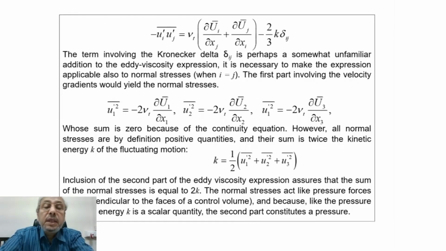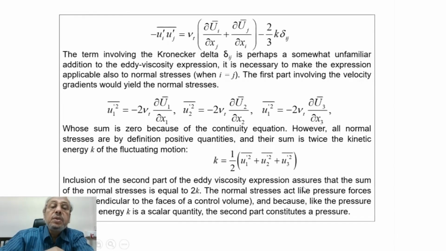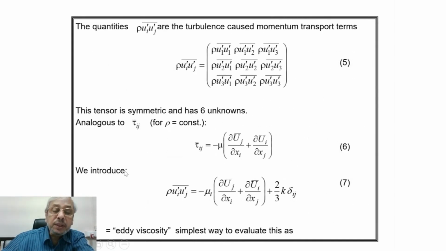Now I will discuss why we wrote 2/3 k delta ij. So minus ui prime uj prime over bar is written as nu t times the gradient terms. This is the same as what we wrote here, only we are transferring rho to the right hand side.